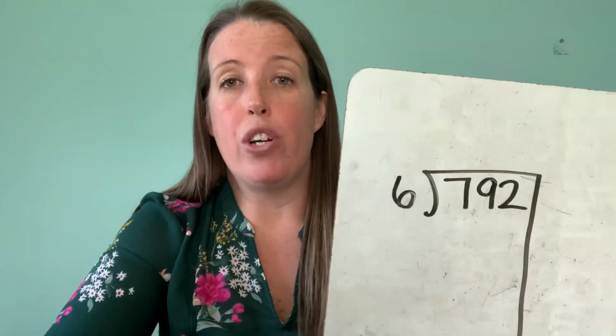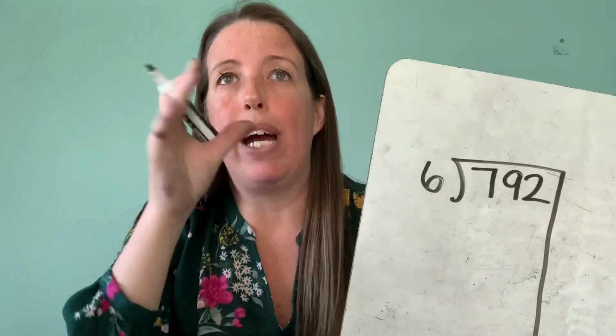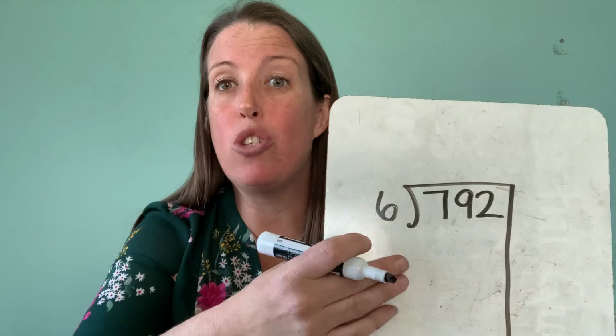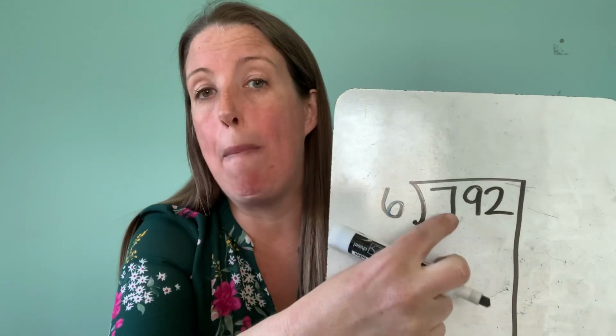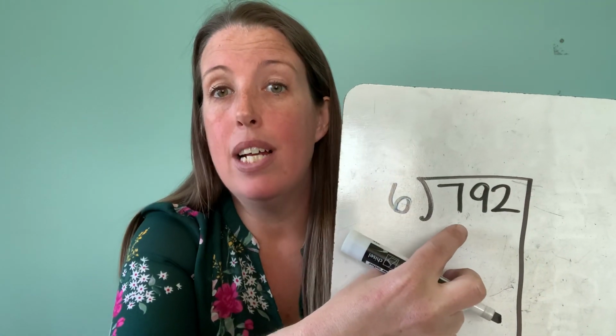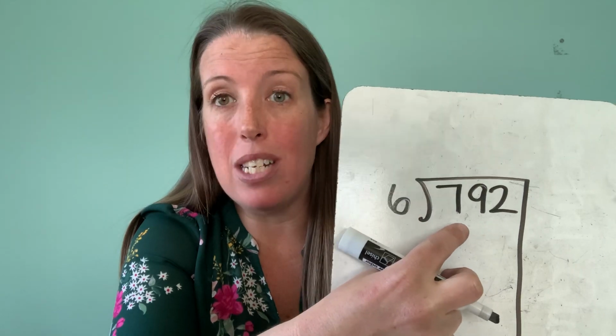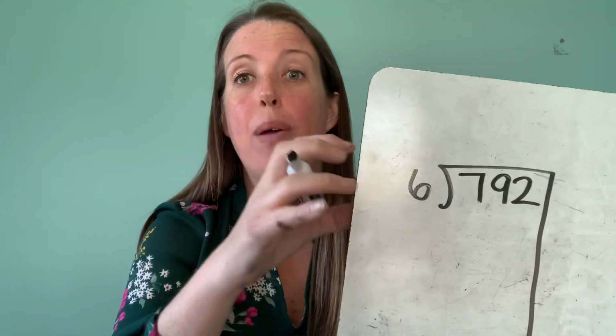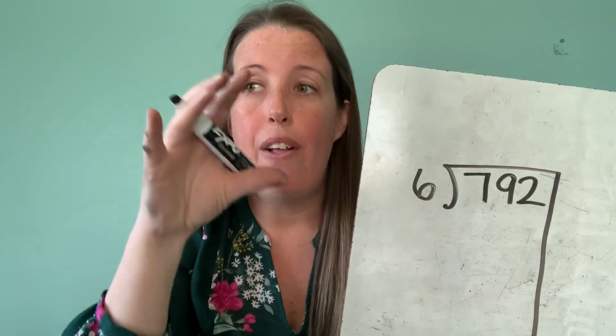So first comes first, I always like to think of my answers in hundreds, tens, and then ones. So I always try to get rid of my biggest chunk first. My goal is going to try to be to get this 792 all the way down to 0, all right? By taking away big chunks at first and then chipping away.